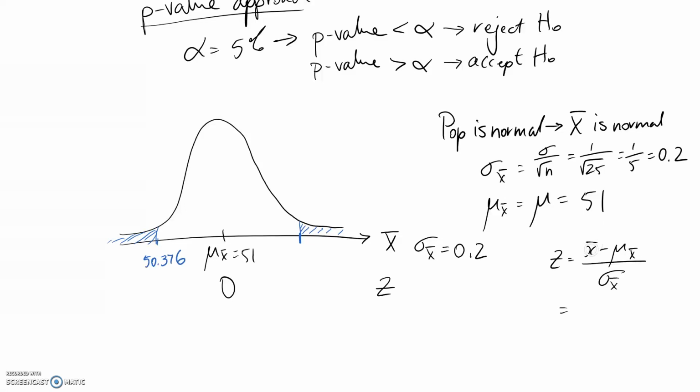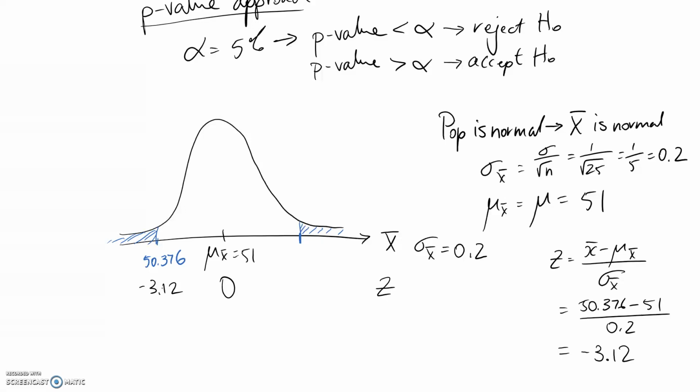So substituting in, our X bar that we're interested in is 50.376, mu is 51, and this here is 0.2. So this works out to be 3.12 and it's negative. Alright, that makes sense because it's below the mean, so it has to be less than 0.